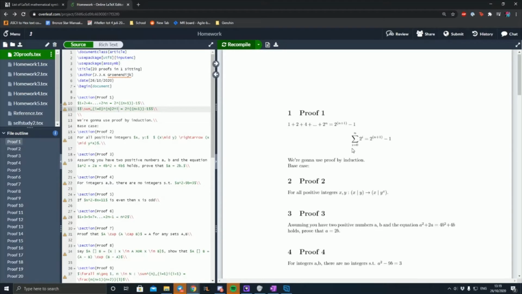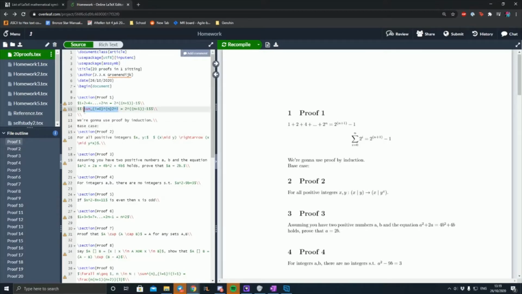So we have the sum of 2 to the power i as i goes from 0 to n is equal to 2 to the power of n plus 1 minus 1. This looks a lot more reasonable, as in we're better able to reason about it than the other thing, honestly.